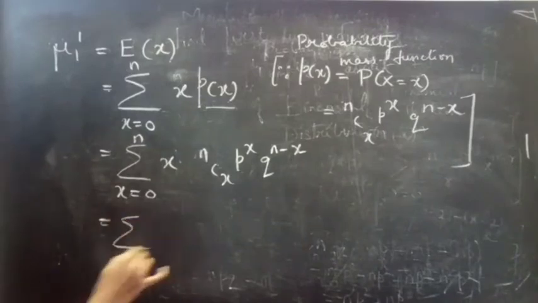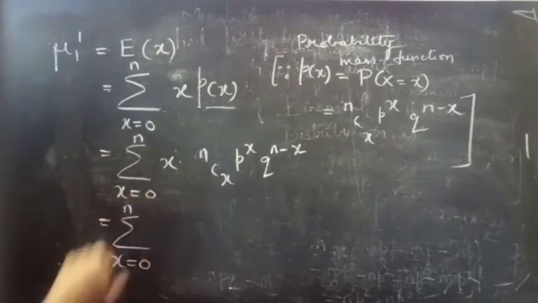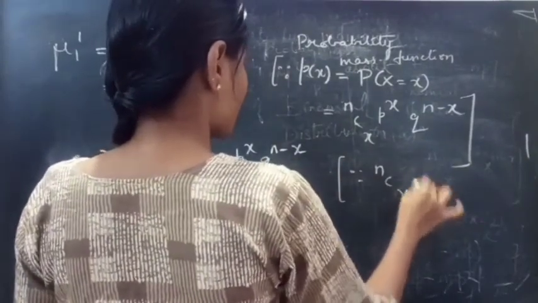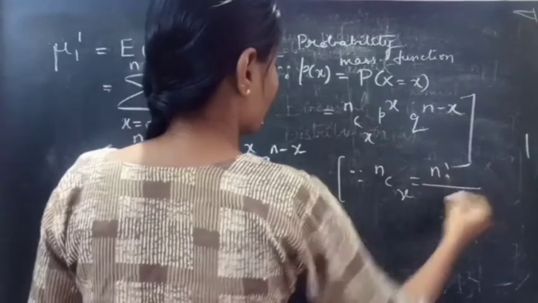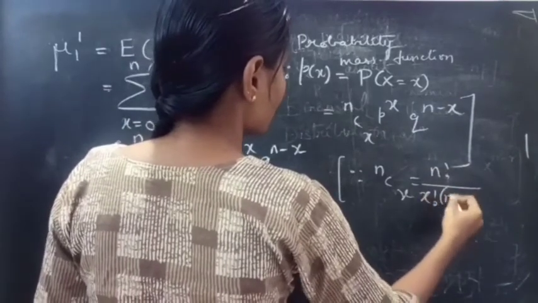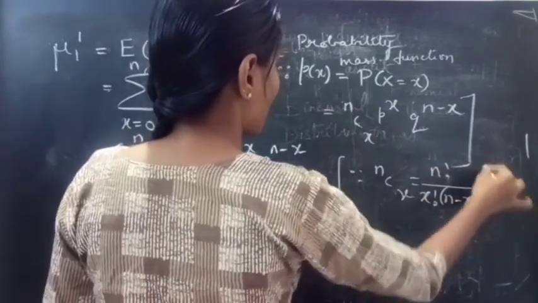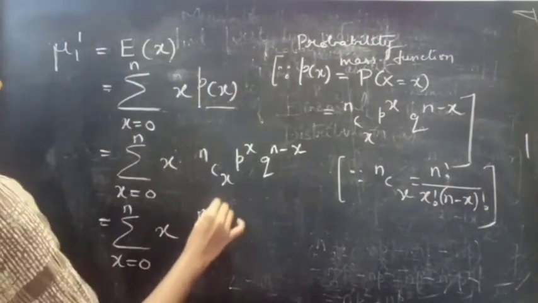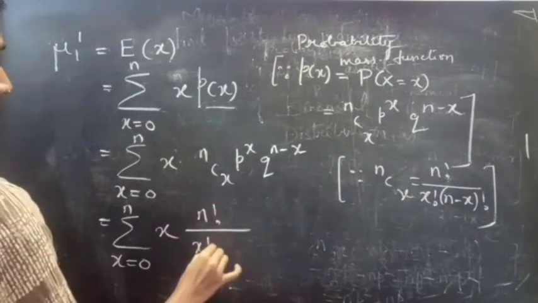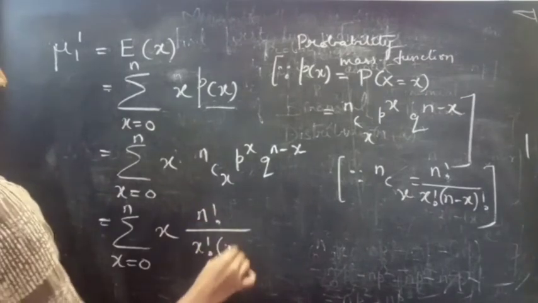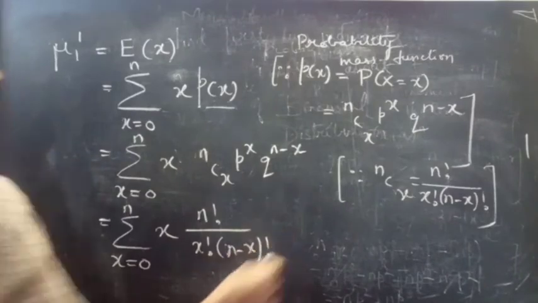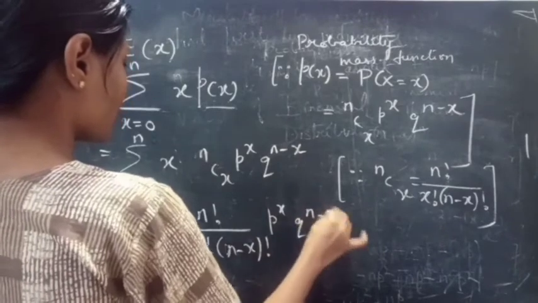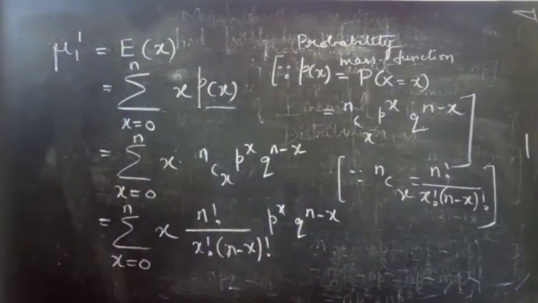So you would write it as summation x equals 0 to n, since we know that nCx equals n factorial by x factorial into n minus x factorial. So you'll get x into n factorial by x factorial into n minus x factorial, into p power x into q power n minus x.